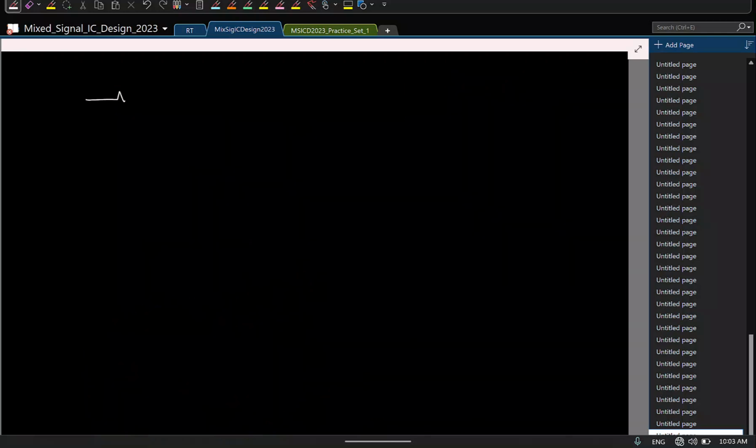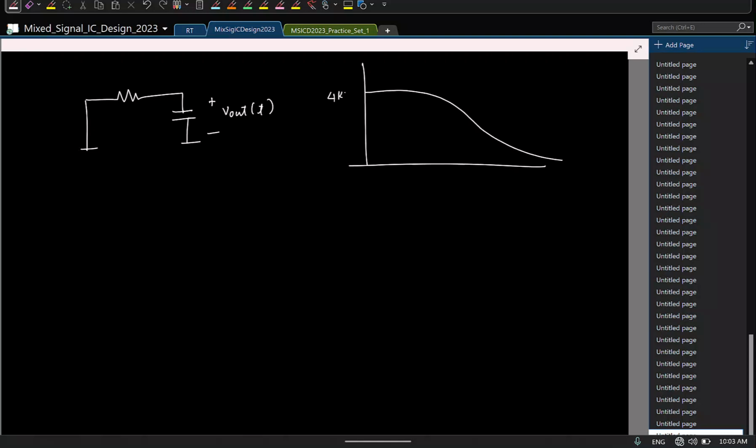If we just have a continuous time RC like this, wherein I look at the continuous time voltage, its power spectral density was doing this, starting from 4kTR. This is in continuous time. But what we are saying is, if I take samples of this noise and look at the discrete time power spectral density, that will be flat.